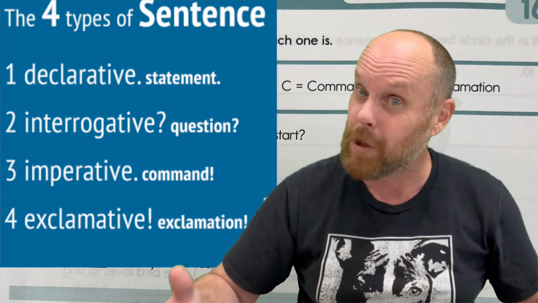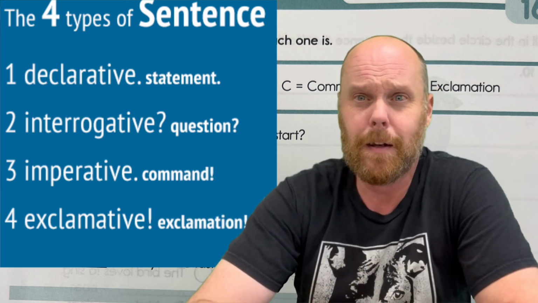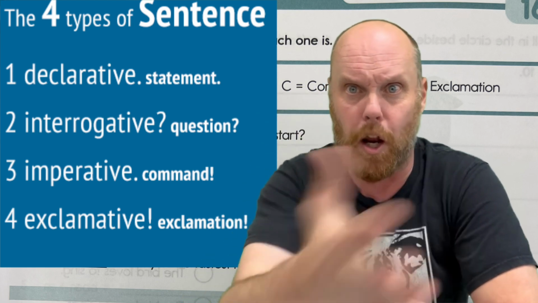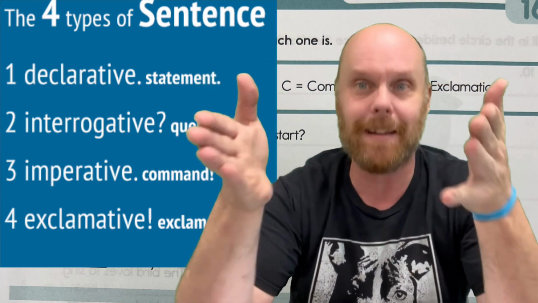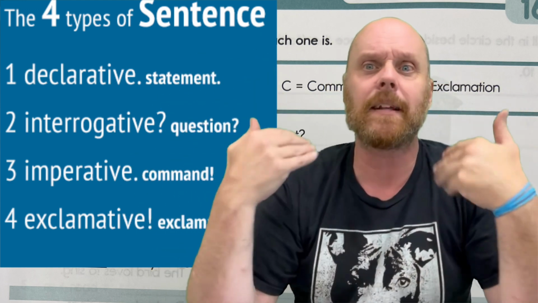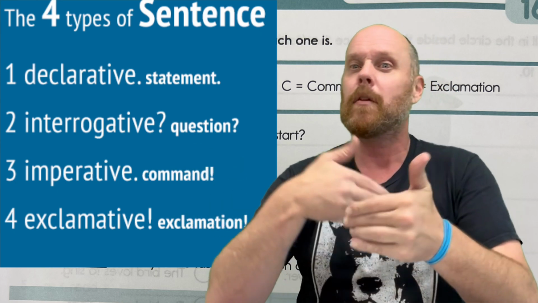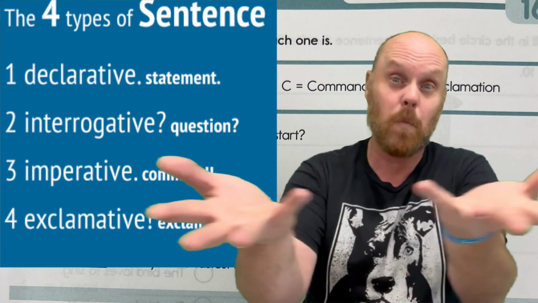But if someone's really, really serious about the command, it's going to end in an exclamation point. Sit up, do your work. You get the idea. A command is like an order. You're ordering someone to do something. And the more serious you are, the change in punctuation will happen.